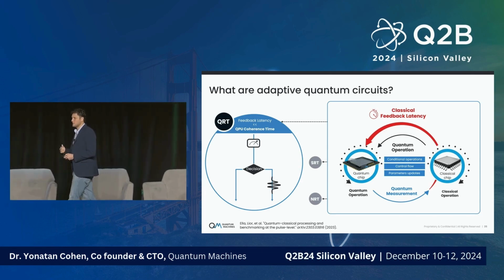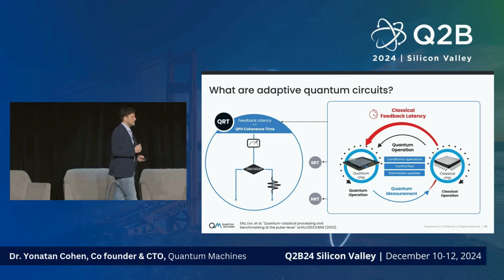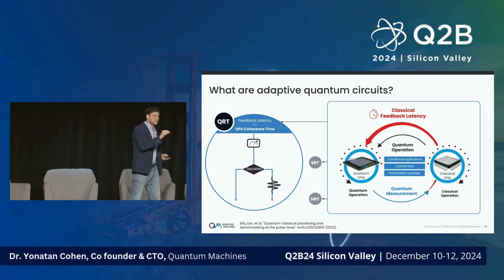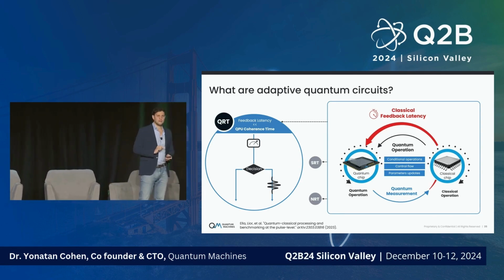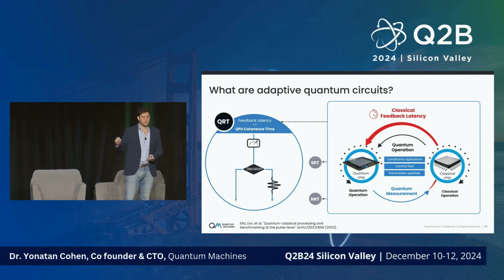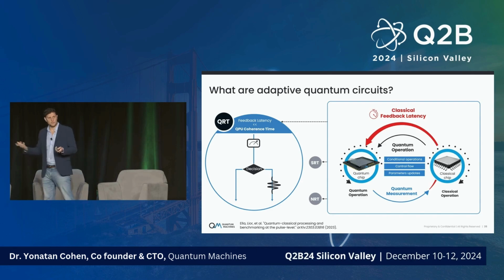This happens, for example, when we prepare quantum states in an adaptive manner, for example, creating large-scale entanglement using adaptive circuits. We measure some of the qubits in our processor, and based on that, we perform other operations on the same qubits or other qubits, and this, of course, has to be done faster than the qubits change their states.